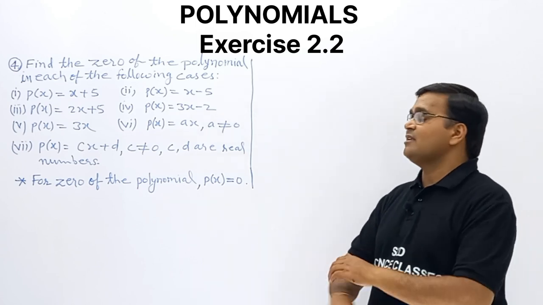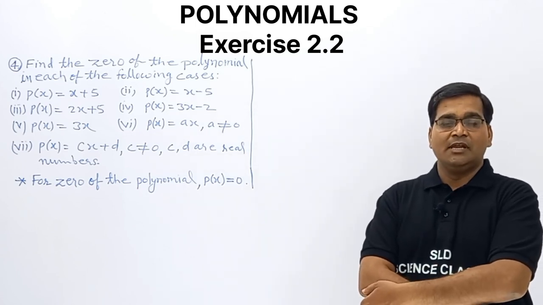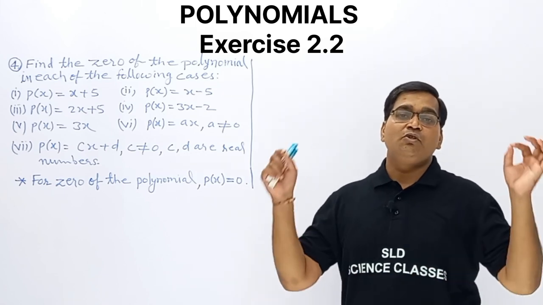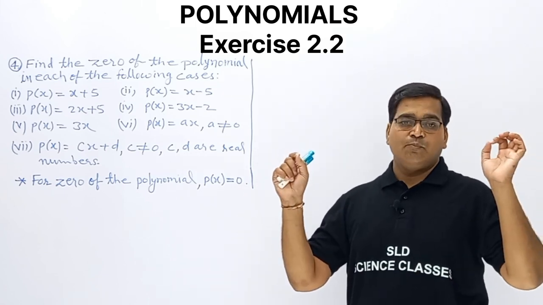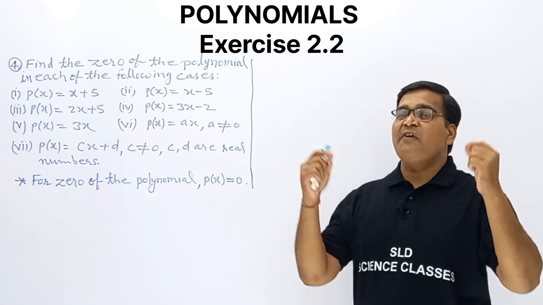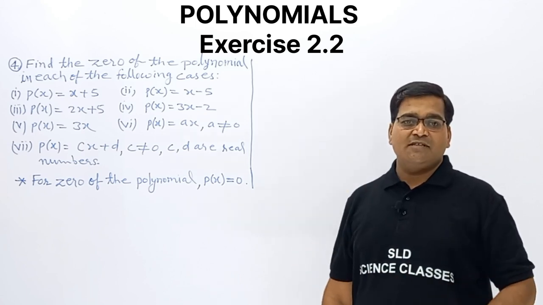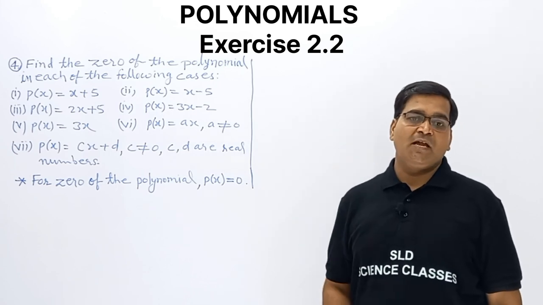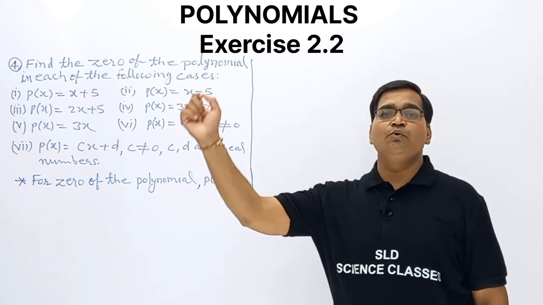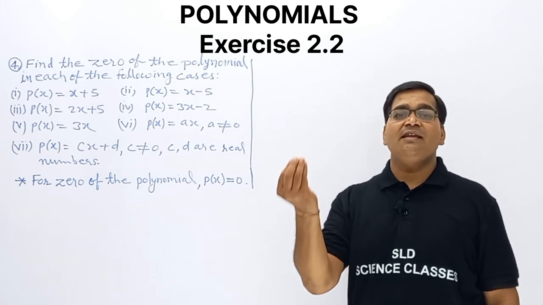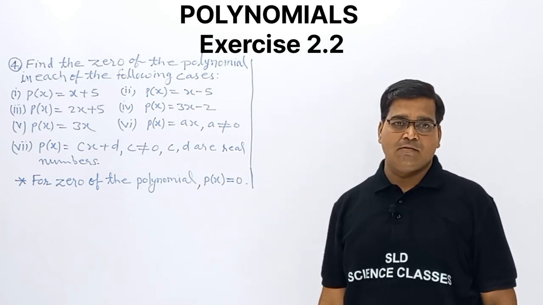So we have some questions linked to polynomials. In all of them we want the zero of the polynomial. How will we find the zero of the polynomial? A simple process: if we put that polynomial equal to 0, then we get a simple equation.